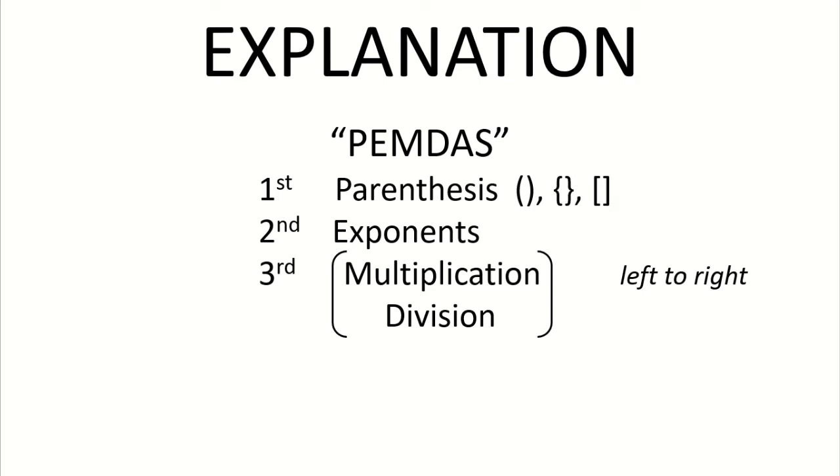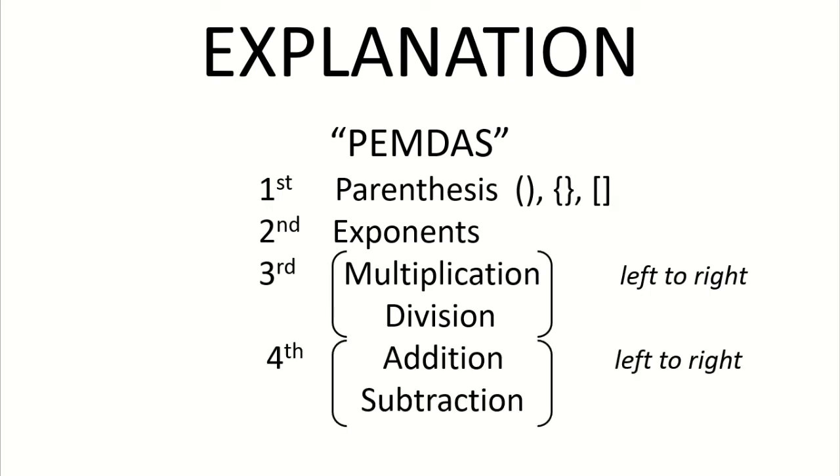Now, there is no hard and fast rule for which one of the two should be solved first, but mathematicians didn't leave you alone here. To get the correct answer of an algebraic expression, it is recommended to perform the operations from left to right if both multiplication and division happen to appear in the same expression.